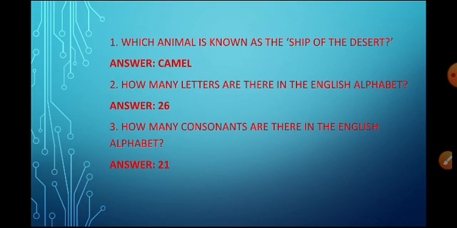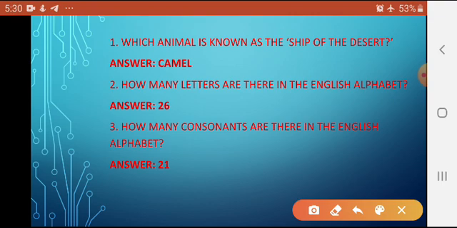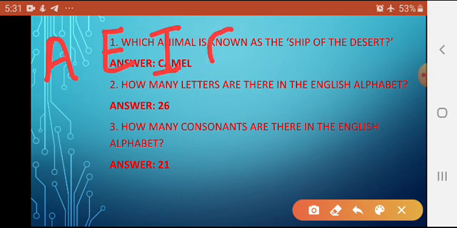So how many vowels are there? There are 5 vowels. The first vowel is A, second is E, third is I, fourth is O, and fifth is U.